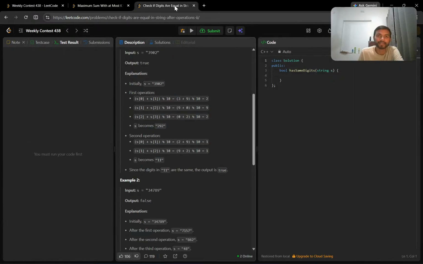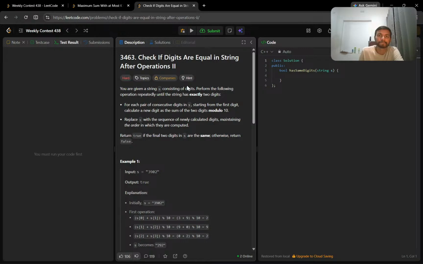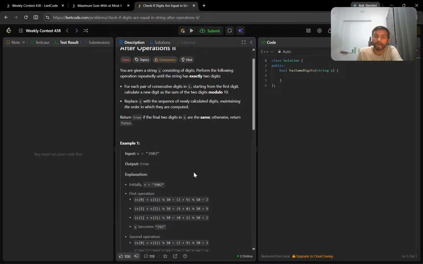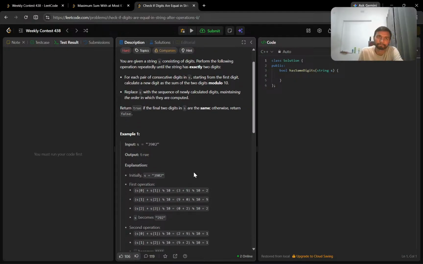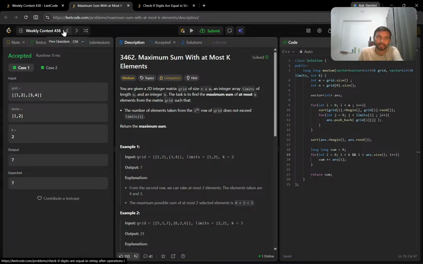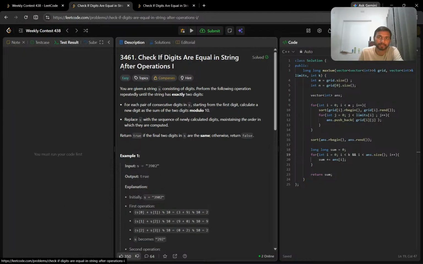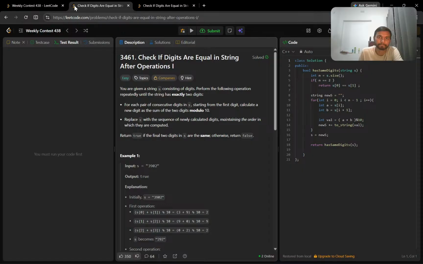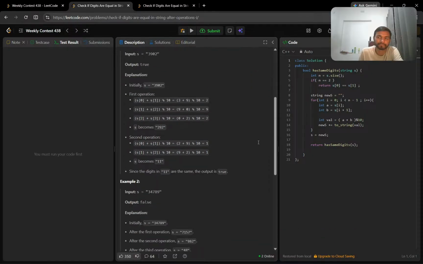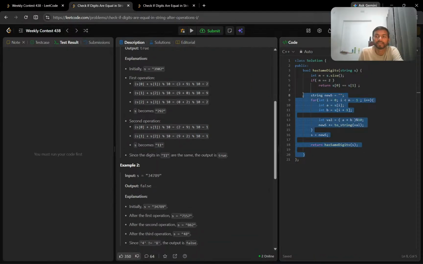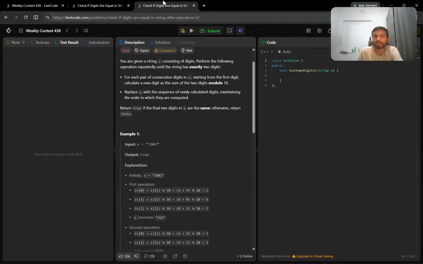Check if digits are equal in the string after operation. So you can't go with so many of this thing. Of course it will run out of time.